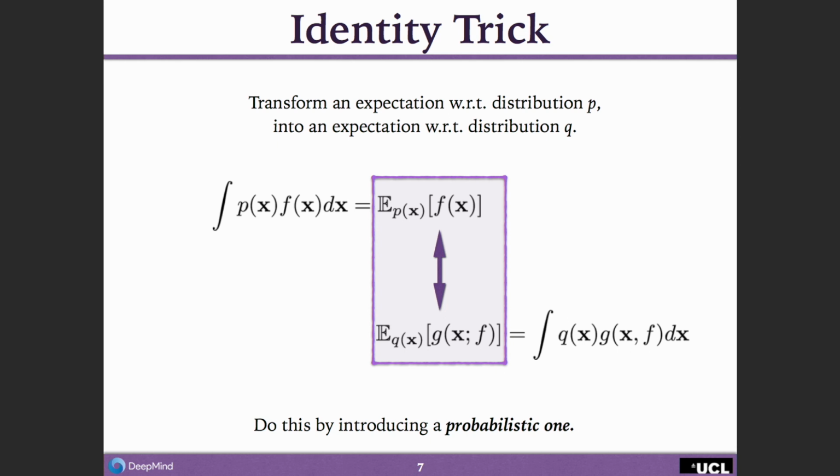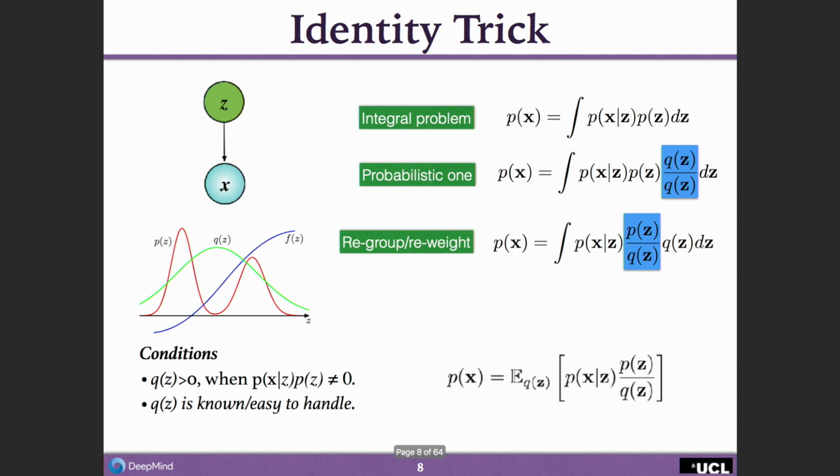So here's an integral problem. I want to compute the expectation of P of x given z under the distribution P of z. That's our integral problem. Typically, if you had studied graphical models before, you would have seen this kind of latent variable problem appear before, right? And the trick is to multiply this integral by 1. I'm going to introduce this new distribution Q, and Q divided by Q is 1, so the integral is exactly the same.